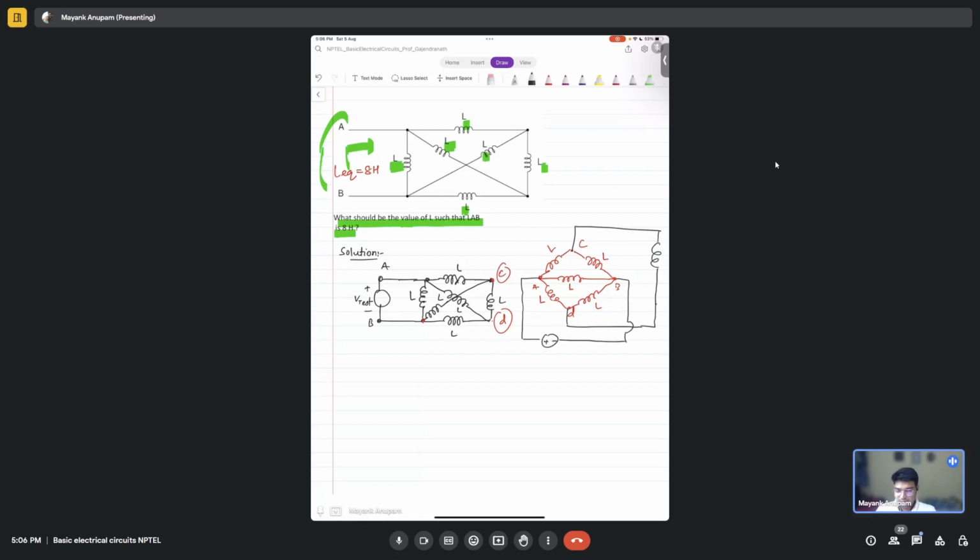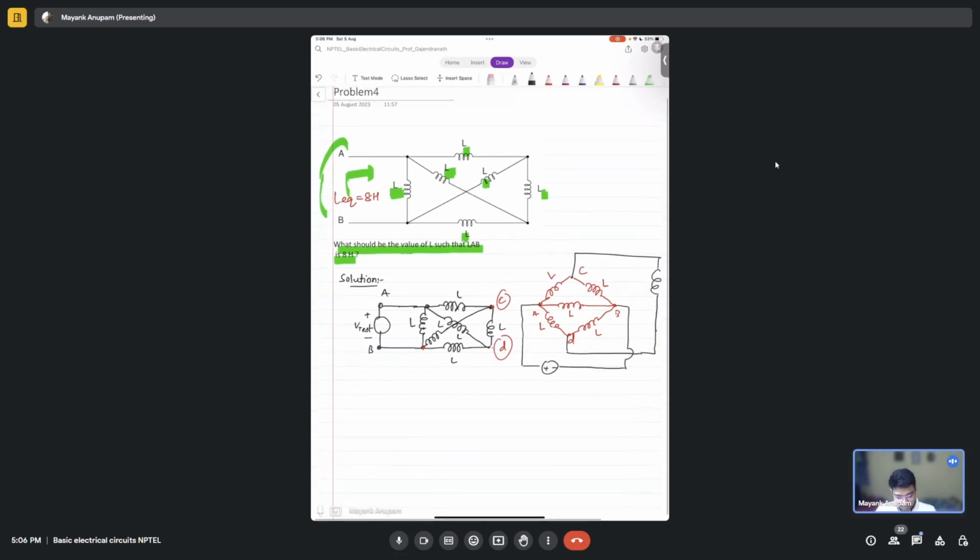So how is it a Wheatstone bridge condition between A and B when it is connected? Whatever you are saying is fine. You just have to redraw it in a different manner. You are absolutely correct. See, we have to do this.